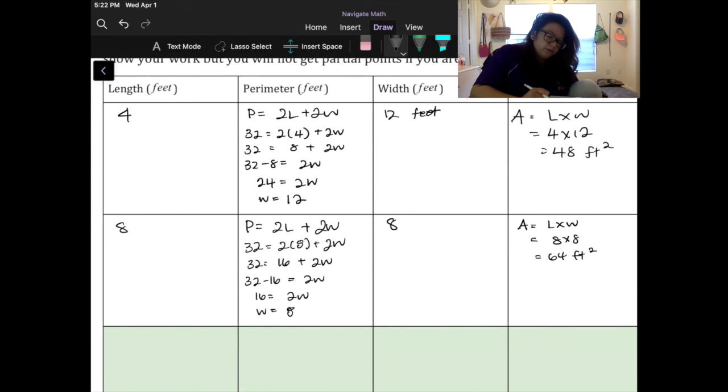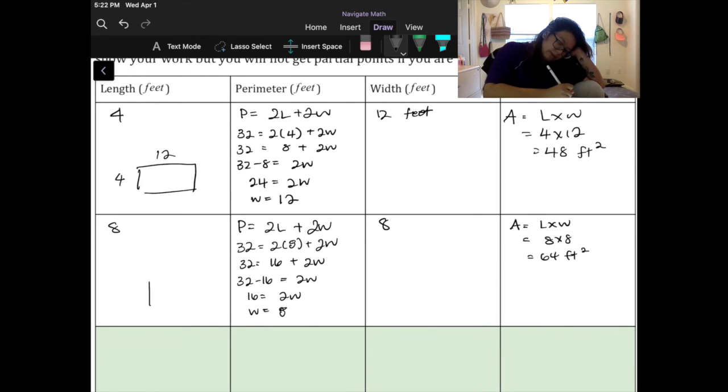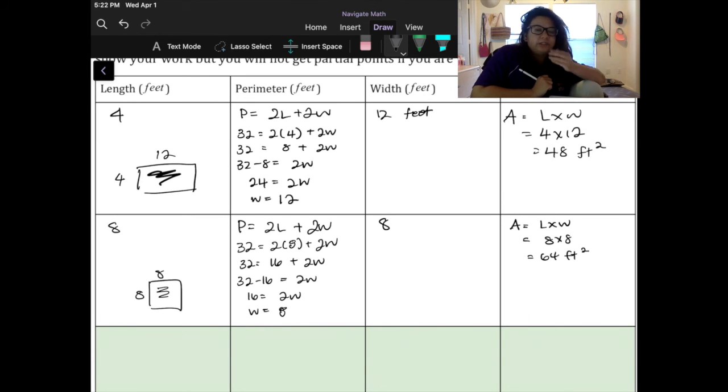So what I want you to notice here is that even though we have the same amount of fence to go around this garden, I got way different shapes, right? I got a shape that was 4 by 12, and then I got a shape that was 8 by 8. And both gave us very different areas, right? The space inside is very different.